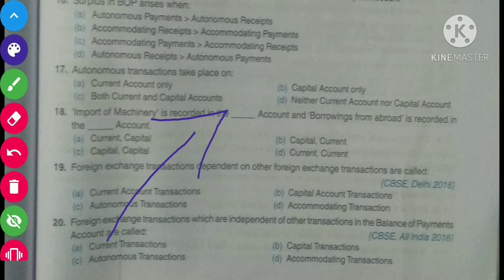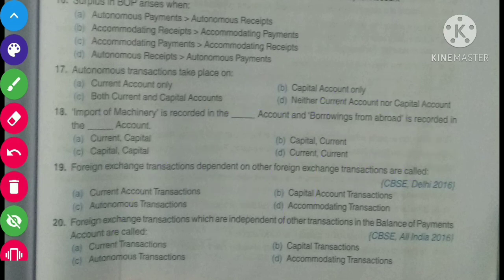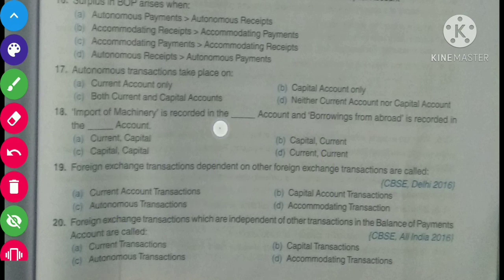So there will be payment of foreign exchange. So it is recorded on debit side, and it is current account.